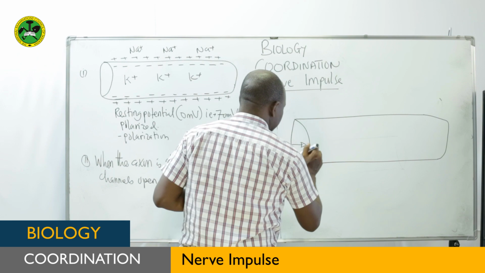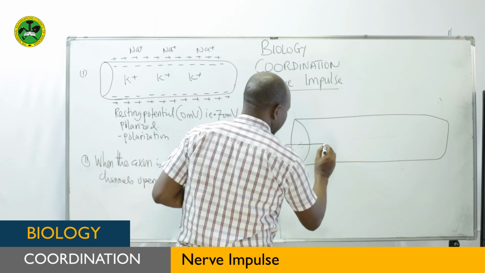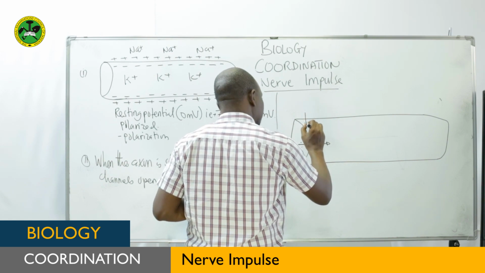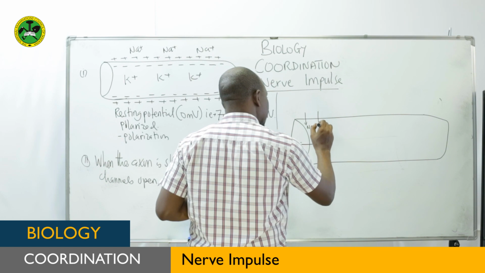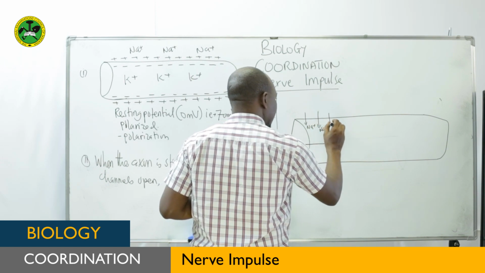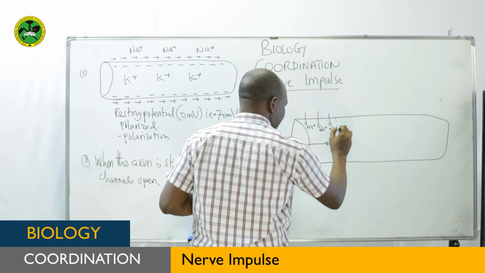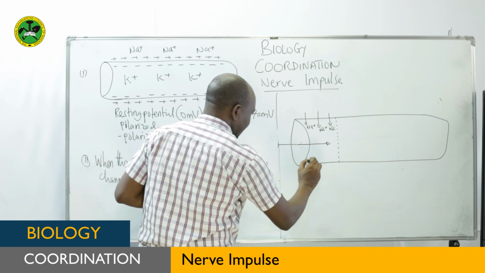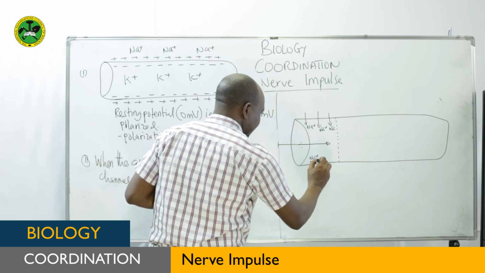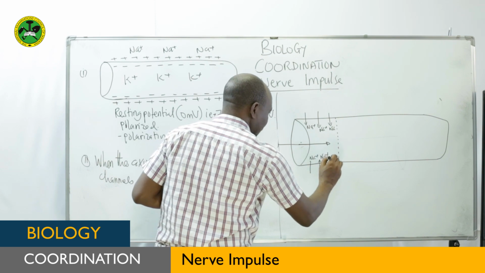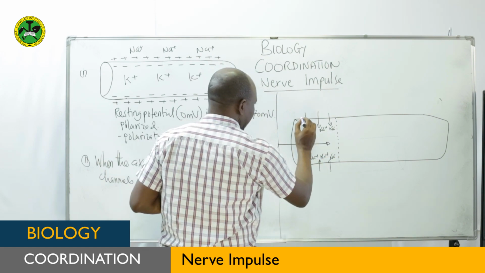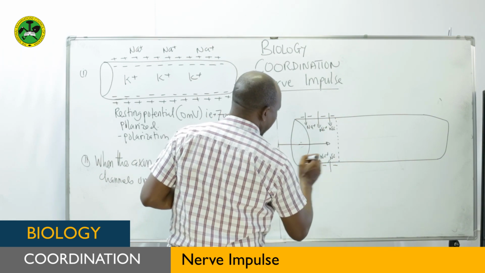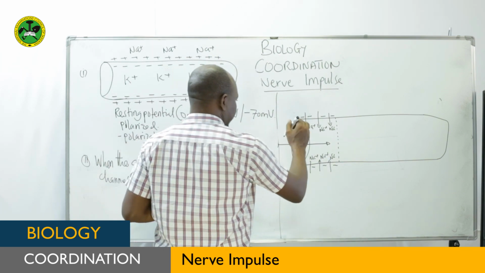When this part is stimulated, the sodium ions tend to move into the axon plasma for that piece of the axon which is stimulated. The sodium ions get into the axon, leaving a net negative charge outside.